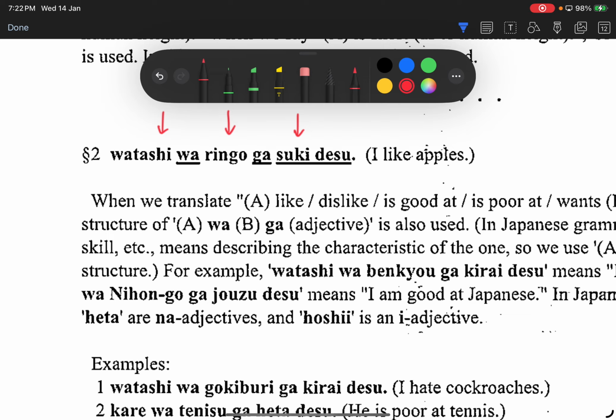Yes, because I'm the subject. And then, is the ringo related to suki? Yes, because the ringo is the object of reference here. So the subject likes the object. So I like apple. Okay, it is a little bit more complicated than English, but this is how they say it in Japanese. Alright, the wa will tell people what is the subject. The ga will tell people what is the object.